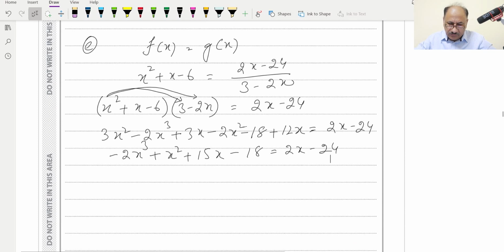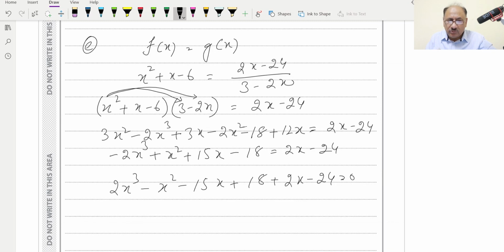Now we can shift these terms to the other side, and we will get 2x cubed minus x squared minus 15x plus 18 plus 2x minus 24 is equal to 0.